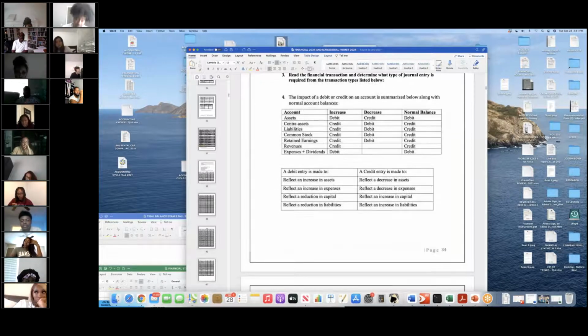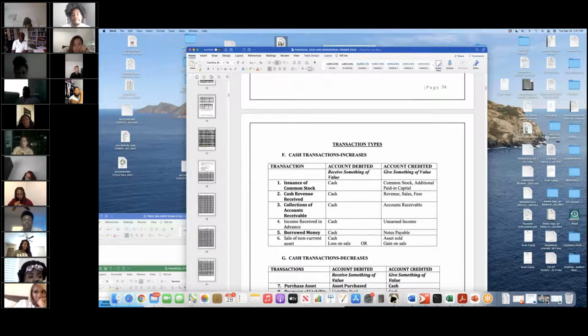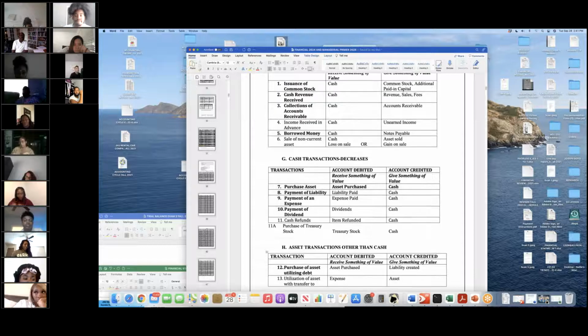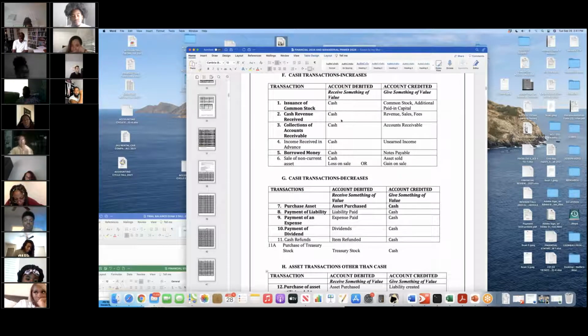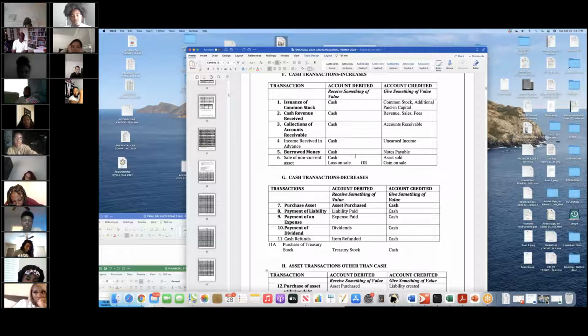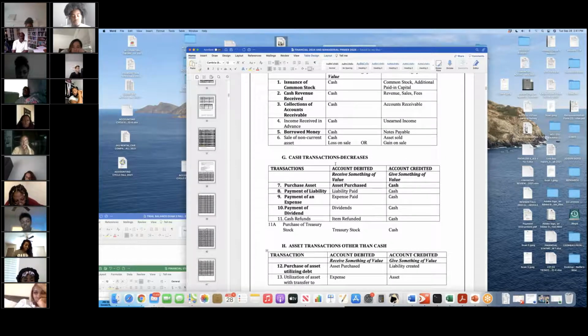And we talked about making journal entries, and I gave you about 20 types. The first 6, cash comes into the business, we debit cash. 7 through 11, cash is paid out, we credit cash. So you always are making that distinction.